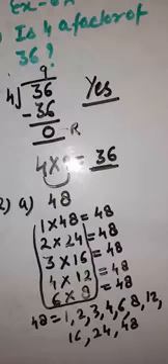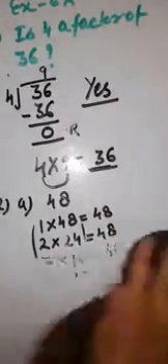Now, question number 3. Find out if the first number is a factor of the second number. Okay, children? We have to find out if the first number is the factor of the second number. This is exercise 6A and question number 3 part A.